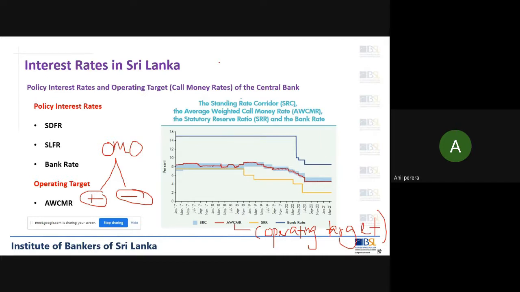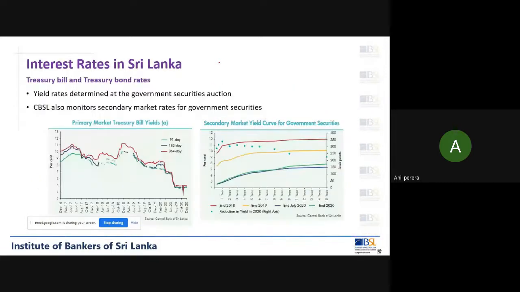Can we move on? Okay. Then we have interest rates monitored and average rates calculated for the government securities market.